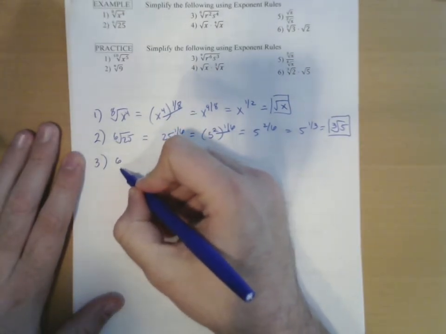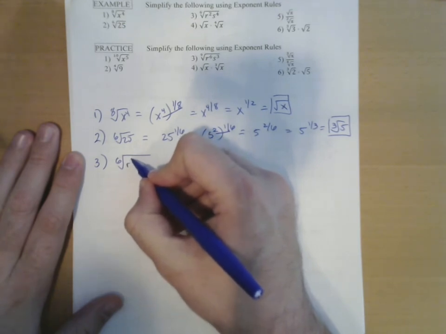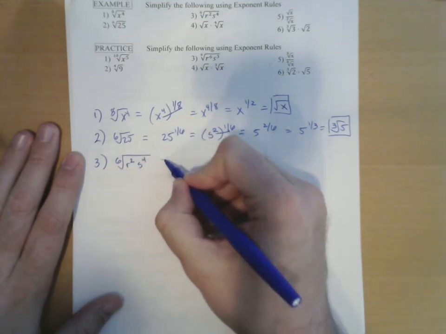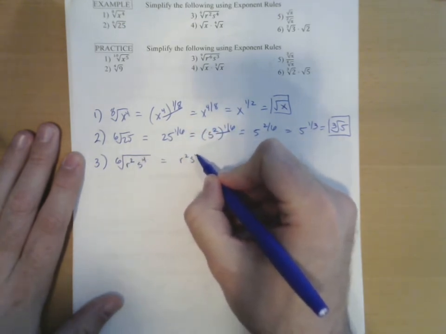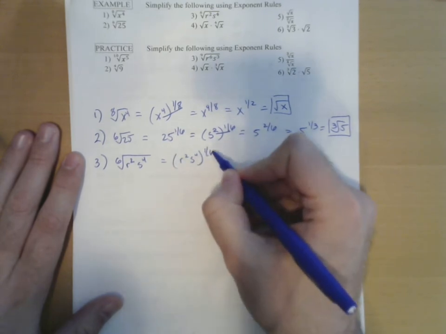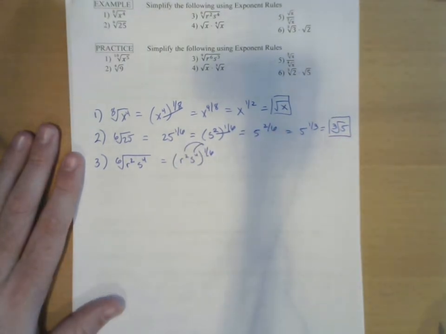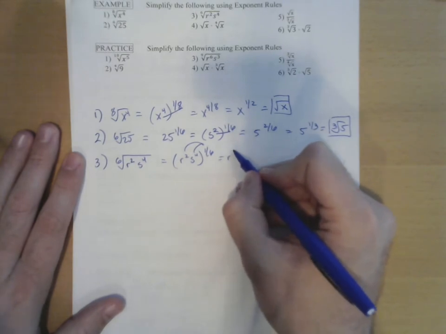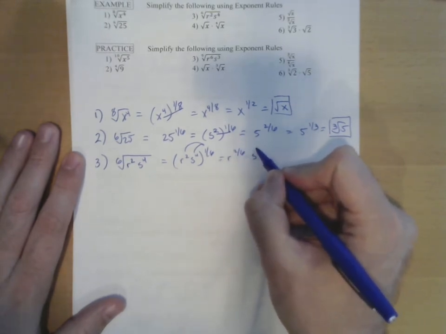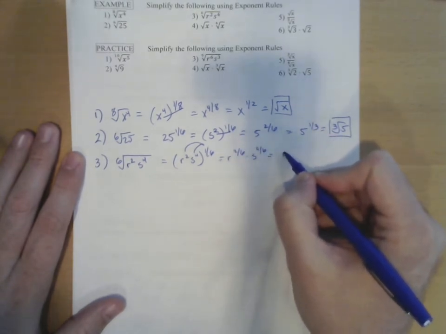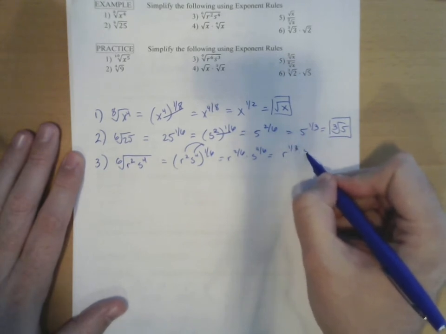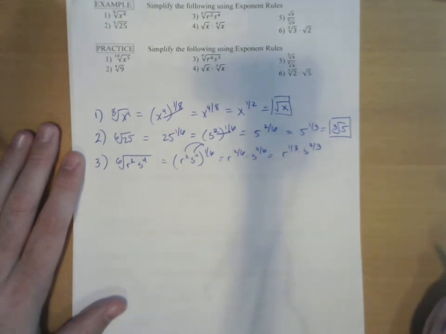Number 3, the 6th root of r squared s to the 4th is r squared s to the 4th all raised to the 1/6. We distribute our 1/6 and multiply, so this is r to the 2 over 6 times s to the 4 over 6, which is r to the 1/3 times s to the 2/3.